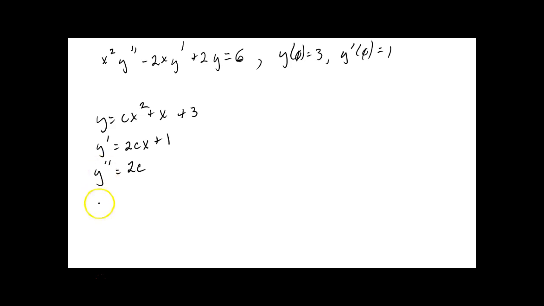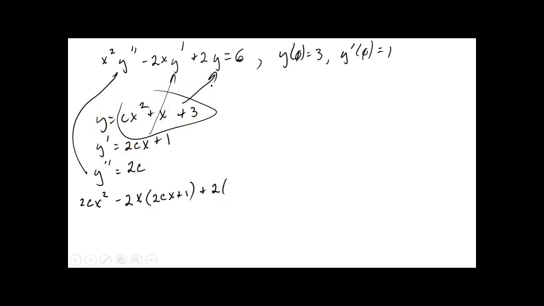All right, let's plug back in. This will be 2cx squared when you plug this in there, minus 2x times 2cx plus 1 when you plug this in there, plus 2 times this thing here, cx squared plus x plus 3.